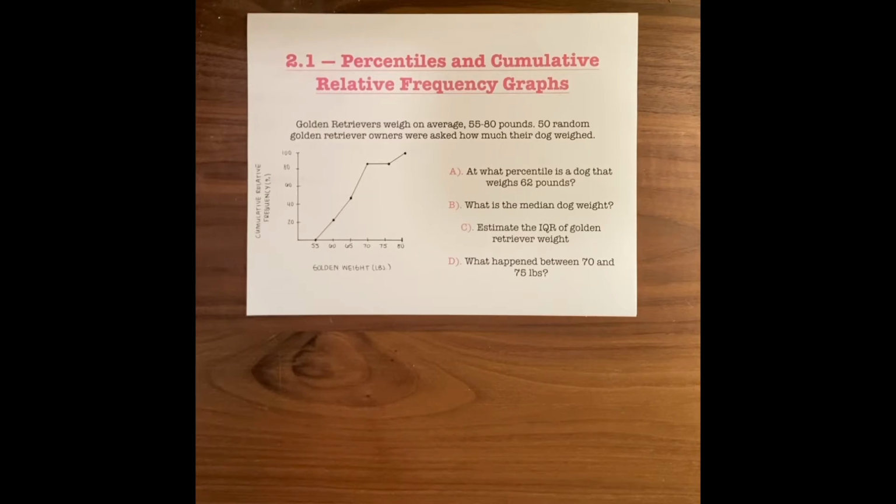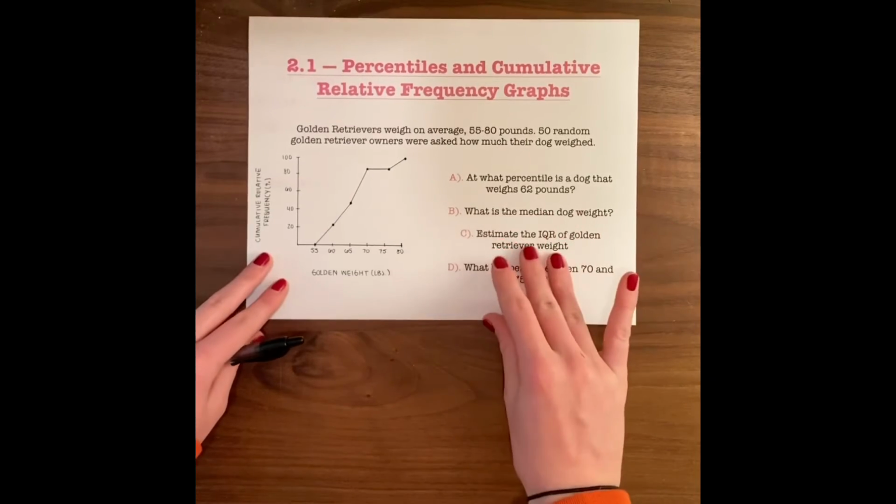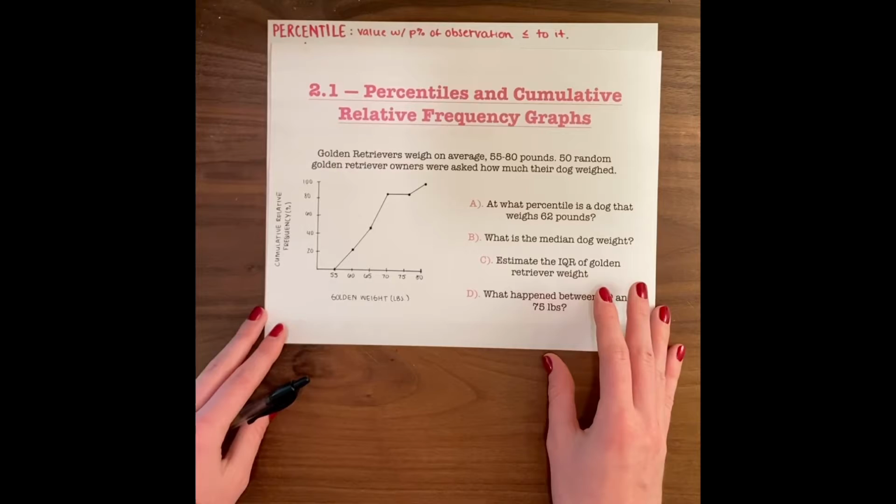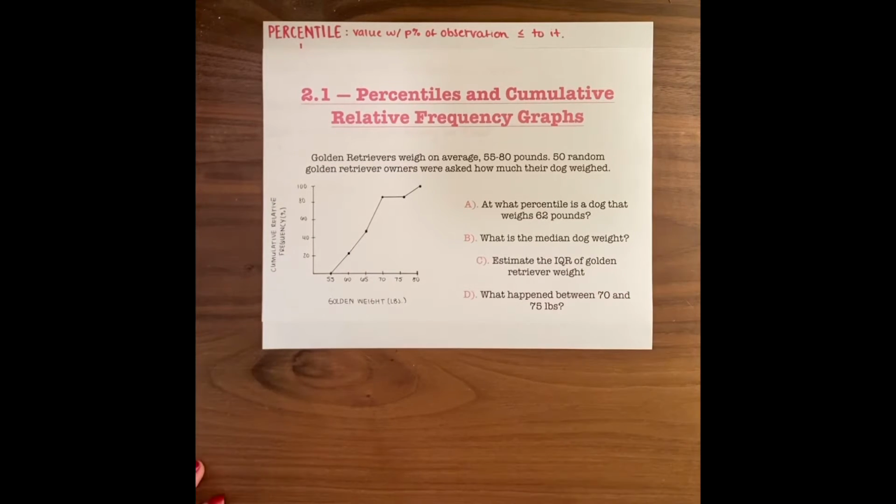So to find percentile, we need to know what it is. Percentile is a value with p% of observations less than or equal to it. An example would be Tommy scored in the 93rd percentile of his class, which basically means he scored better than or equal to 93% of the class.